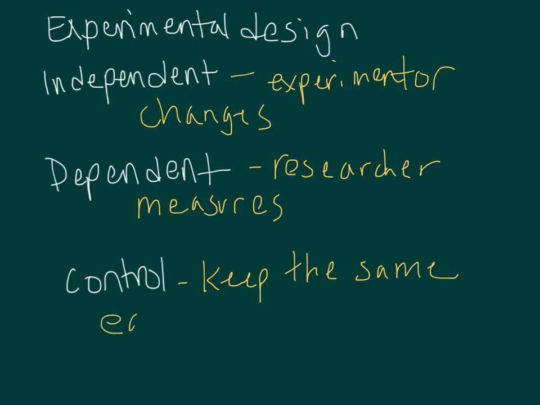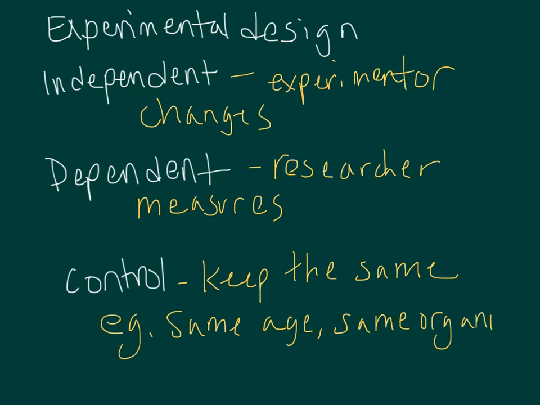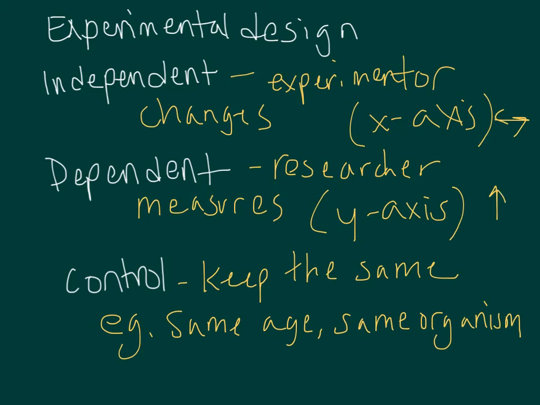So this may be things like the same age or the same organism type. You do these things so that they don't affect your results. In terms of graphing, your independent variable is going to go along the x-axis, which is this way, horizontally, and your dependent variable is going to go along the y-axis, which is up and down. So those are just kind of keeping reference as we move forward out of the E in SPERM to the R.